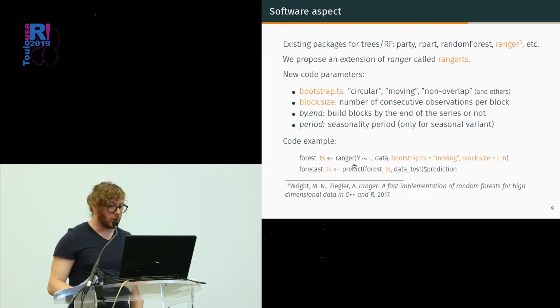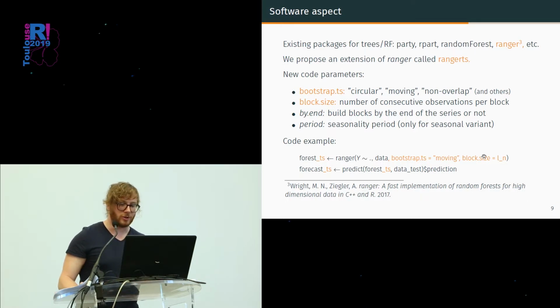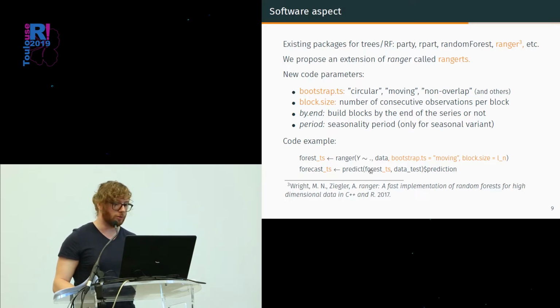To build one forest, denoted forest TS, you input your equation, your data, and then one parameter which determines the variant you want to use, moving, non-overlapping, but there are many others, and the block size, which is constant. And the prediction is the same as in random forests.